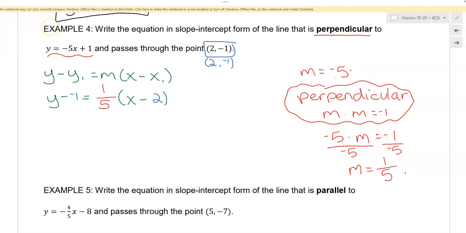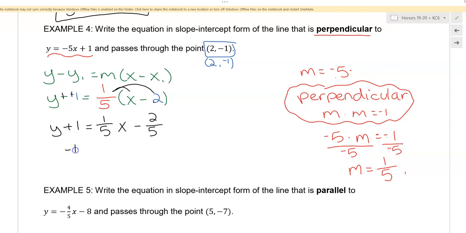So again, solving this, remembering that a negative times a negative is positive, I'm going to distribute. So I have y plus 1 equals 1/5 x. 1/5 times negative 2 is minus 2/5. If you need a calculator, that is fine, especially with all these fraction problems.